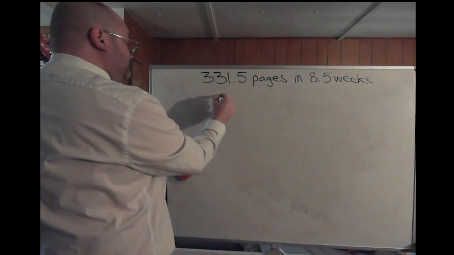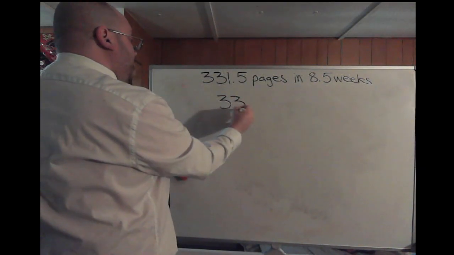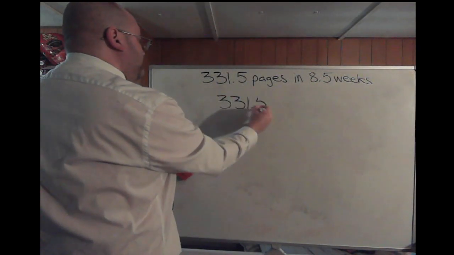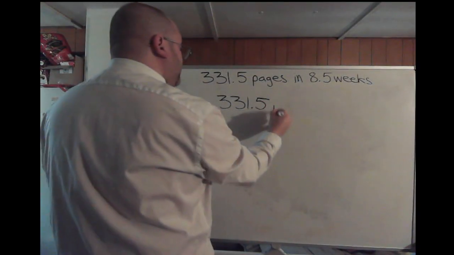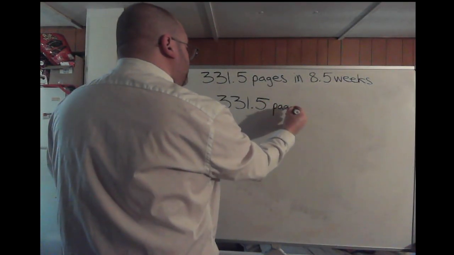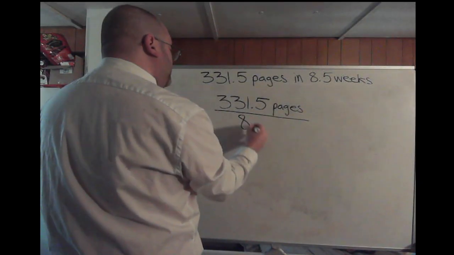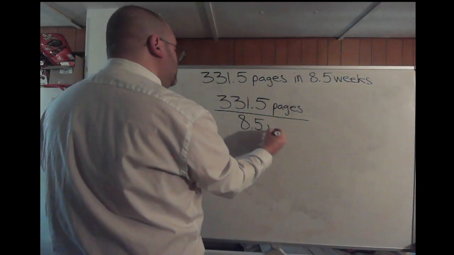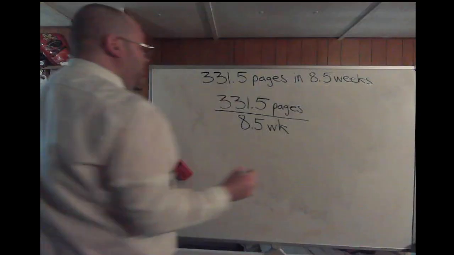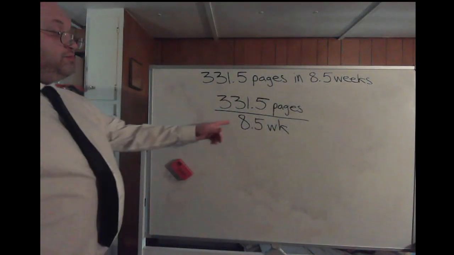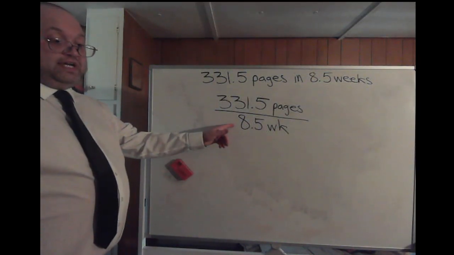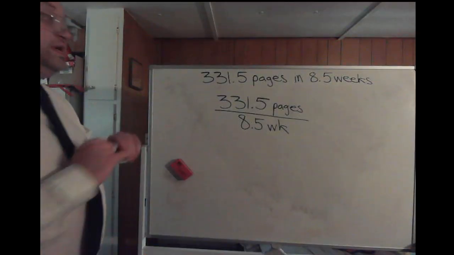So we'll say someone is reading at an average rate of 331.5 pages over a time span of 8.5 weeks. We know how much they've read in 8.5 weeks. How much are they reading in 1 week?